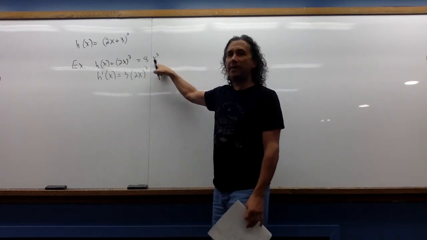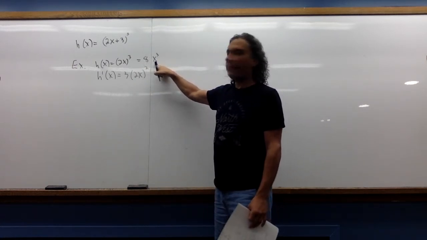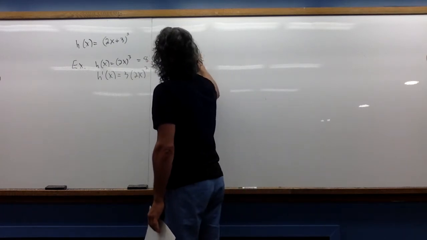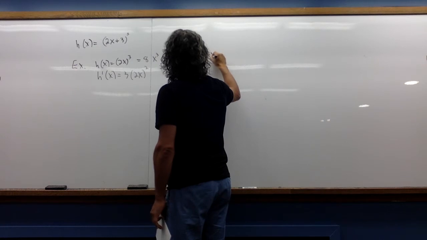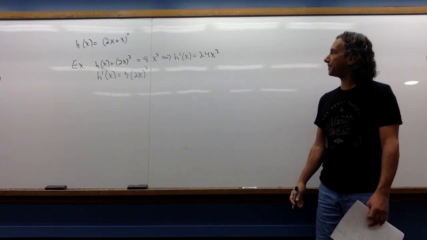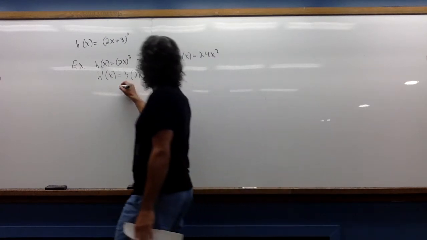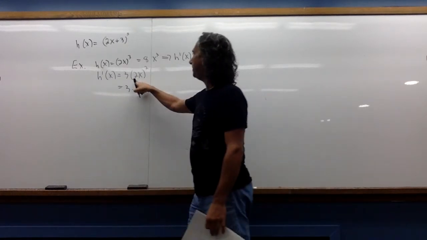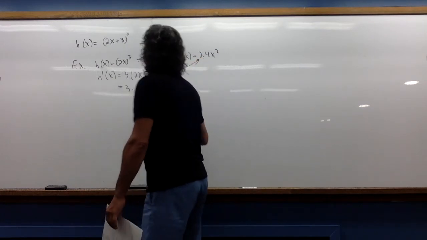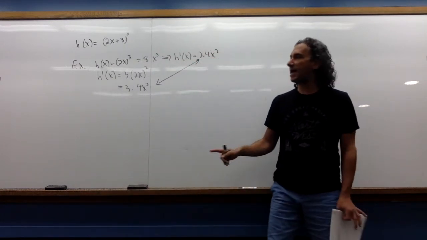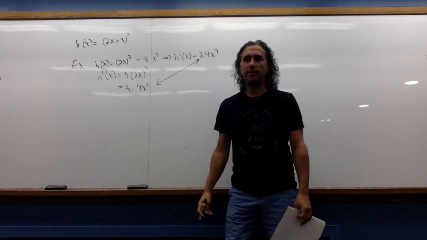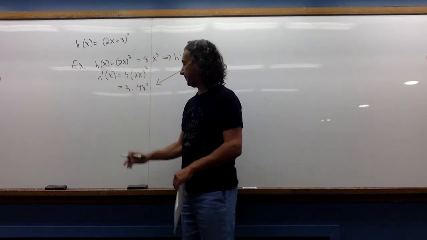So here I can apply the power rule and then multiply it by that constant. So I know for certain that h prime of x is 24x squared. But if we look here, we get 3 times 4x squared, and these guys are not the same. So that tells me that if I have a function inside here, I can't just apply the power rule. So I can't do that here.